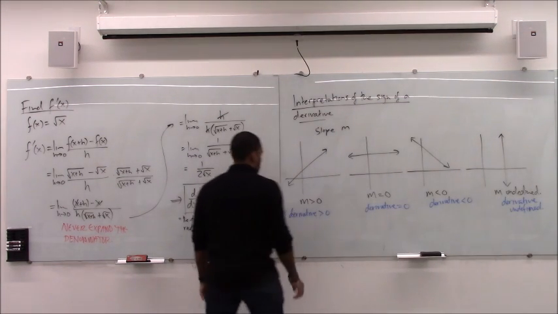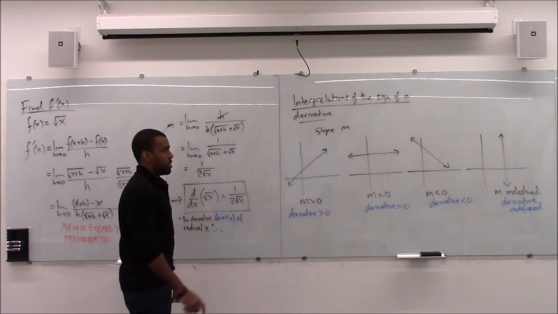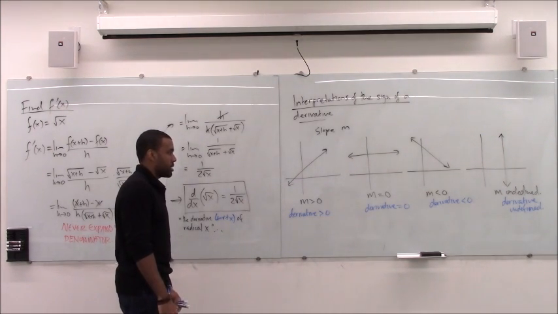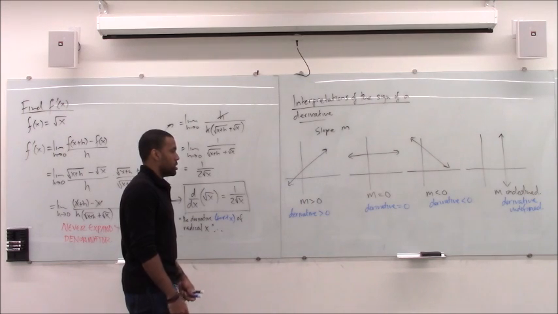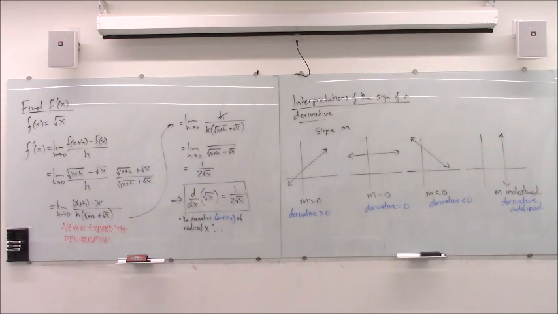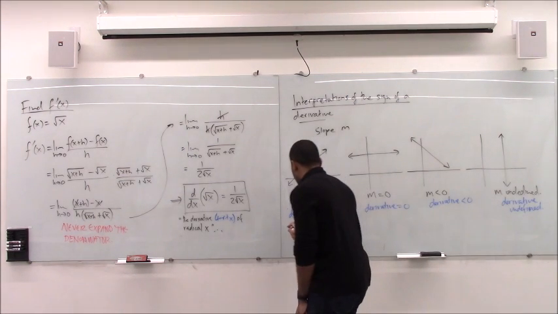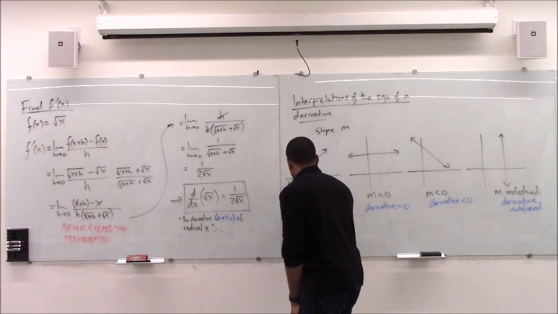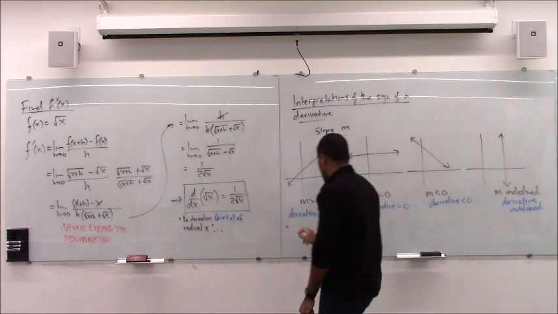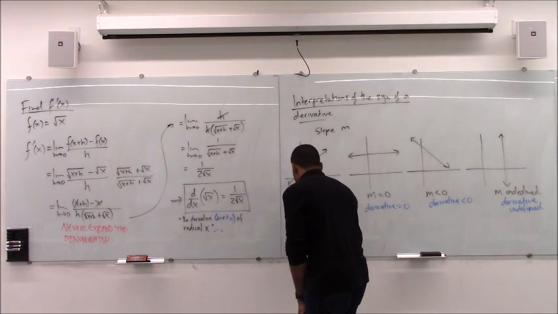Now, what I also want you to take from this is the certain behaviors of the function. How can I interpret the fact that the derivative is going to be greater than 0? In general, whenever your derivative is greater than 0, meaning you're moving in this fashion, as you move from left to right, you're going up, we call that behavior increasing.